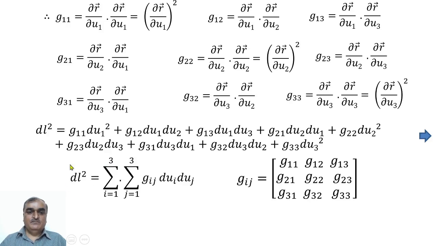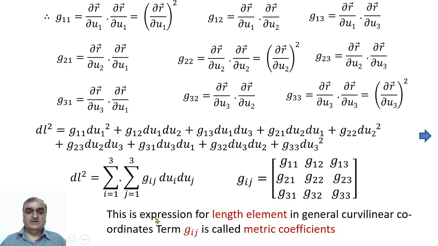In general form, the length element dl square is equal to gij into dui into duj. The gij may be written in matrix form, therefore it is called the metric coefficient. This is the expression for the length element in a general curvilinear coordinate system. The term gij is called the metric coefficient.